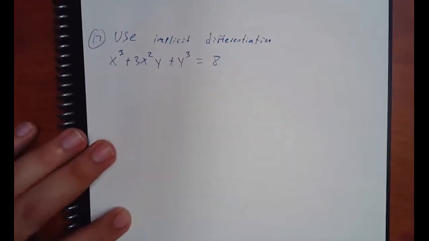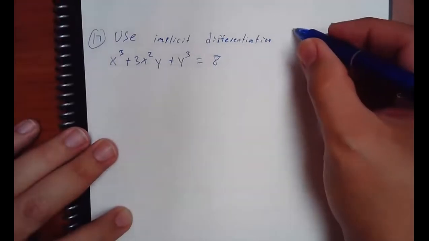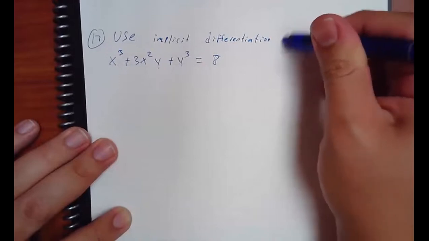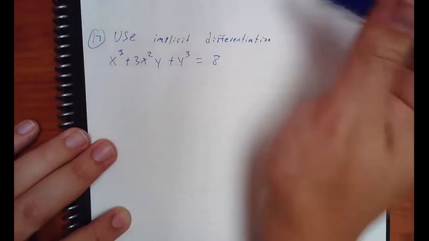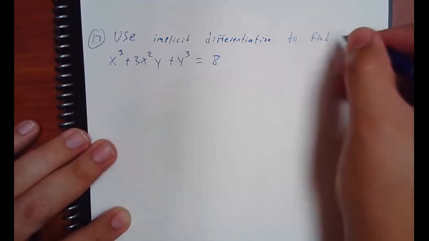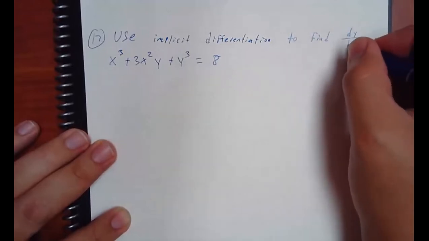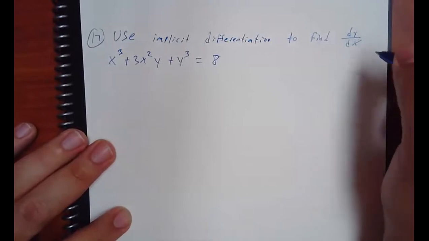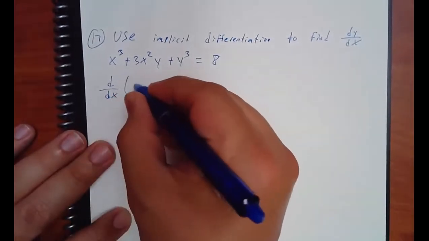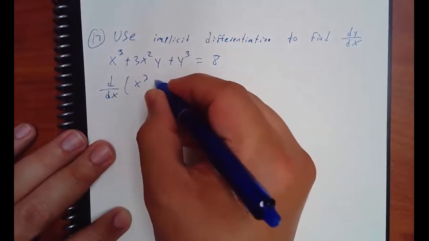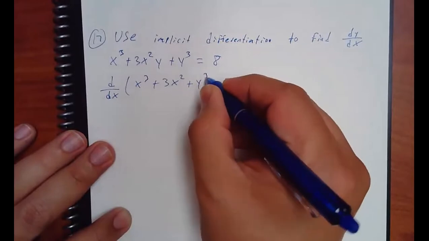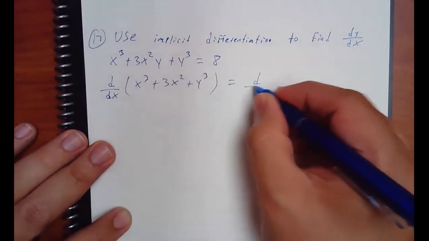So to do an implicit, they first define dy/dx. So this is the hint they're telling you to use d/dx on both sides, so every single term with respect to x.